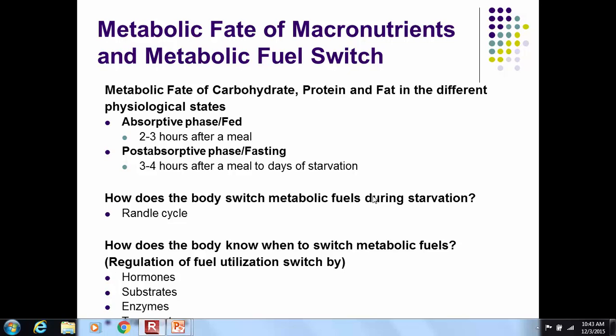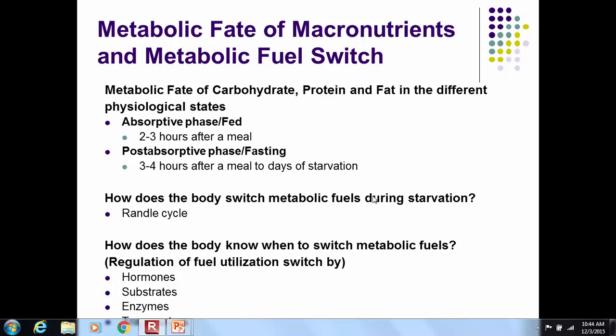For example, in the fed condition, mostly we use carbohydrate, because we have a lot of glucose absorbed from the diet. So we have enough energy from the diet, and our body utilizes more carbohydrate in the fed condition. When we switch to the fasting condition, we utilize more fatty acids or fat as the energy fuel.